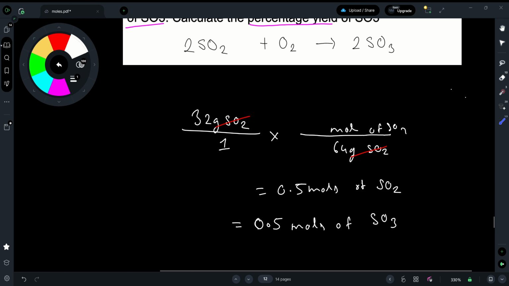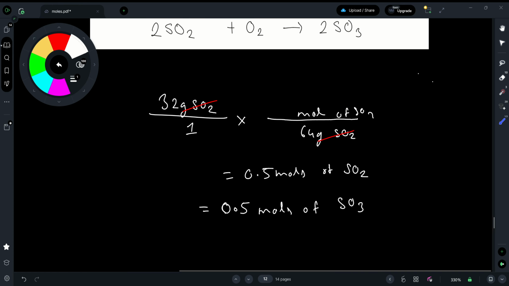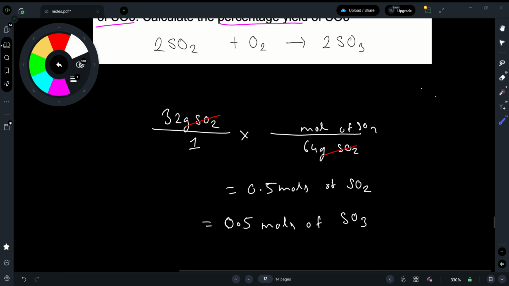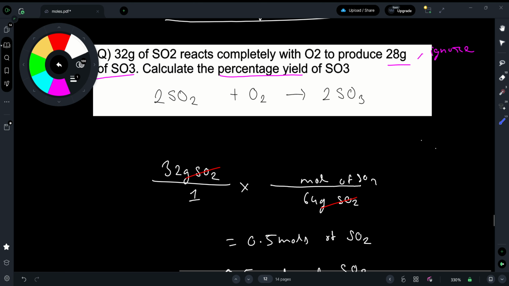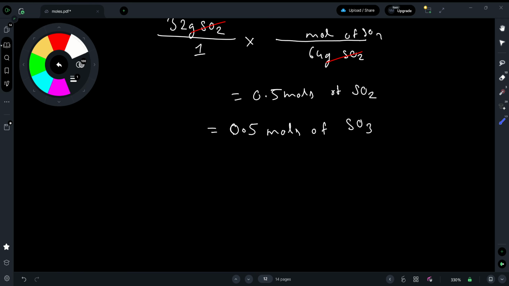We saw how to get the moles using stoichiometry before. I just skipped that process now to save some time. We know our moles of SO3 now, so now we just find the mass of SO3. So 0.5 moles of SO3 by 1, and its molar mass is going to be 16 into 3 plus 32, which is going to be 80.